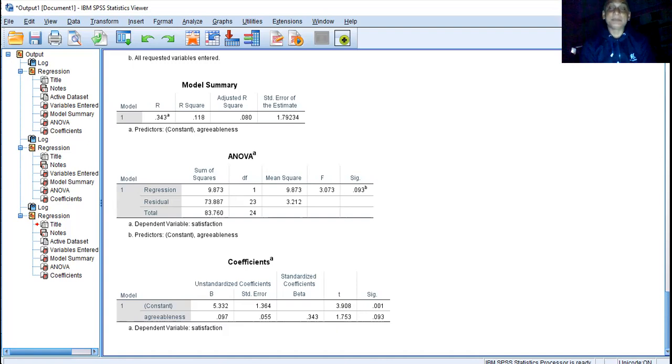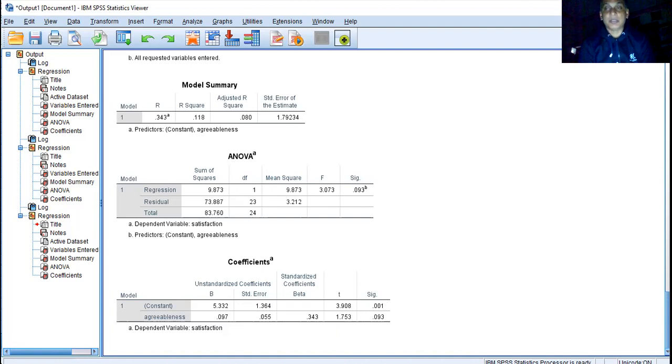So that's the case here, and this is at alpha is equal to 0.093. Had the value been 0.05 or less than that, we would have accepted the alternate hypothesis. Here we are accepting the null hypothesis.